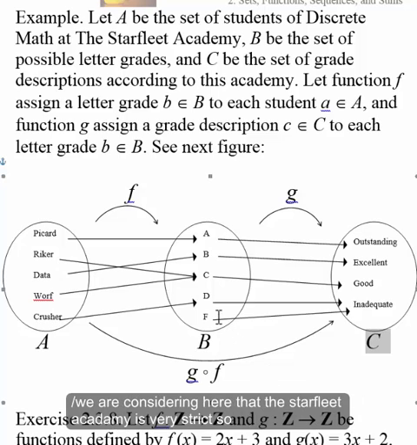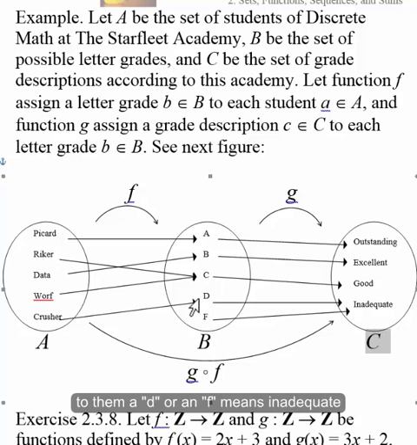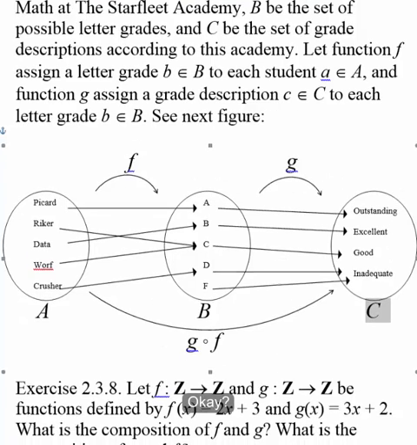We're considering here that Starfleet Academy is very strict, so to them a D or an F means inadequate, so they will fail with D or F. So the composition of g and f means that first you compute f and then you compute g.